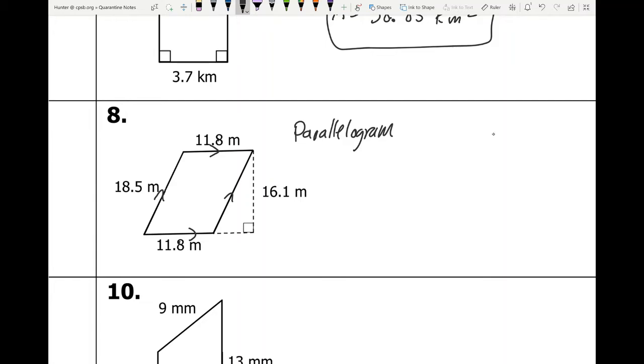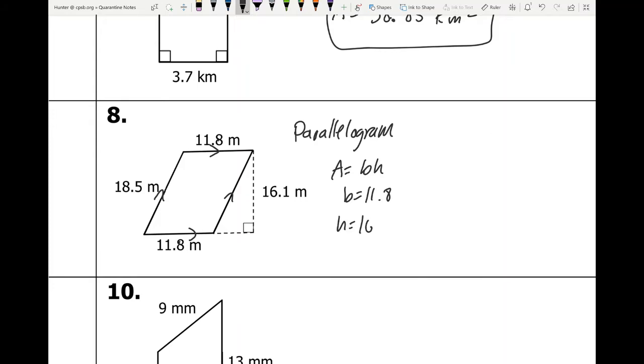So our formula for parallelogram is area equals base times height. My base is 11.8. And my height is always going to be perpendicular to my base. So that's how I know that this 11.8 is going to be my base, because this dotted line right here is my height.